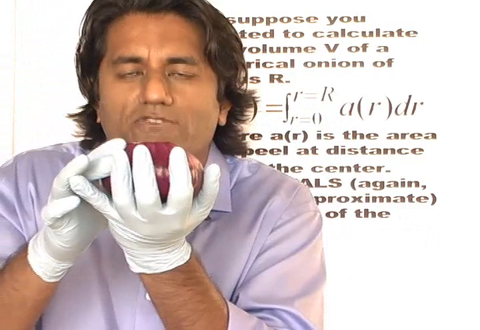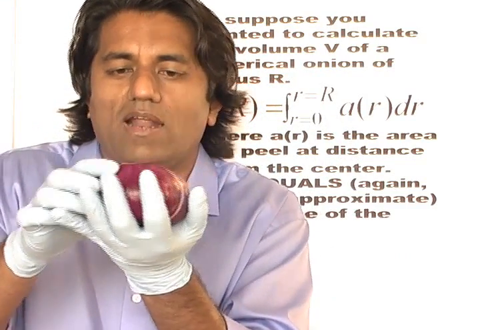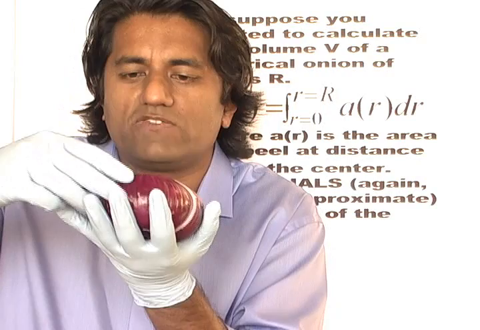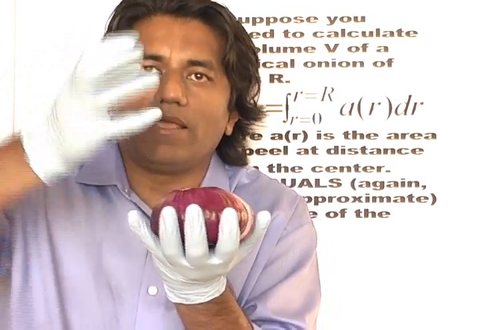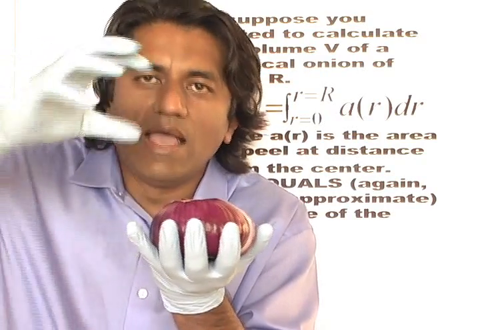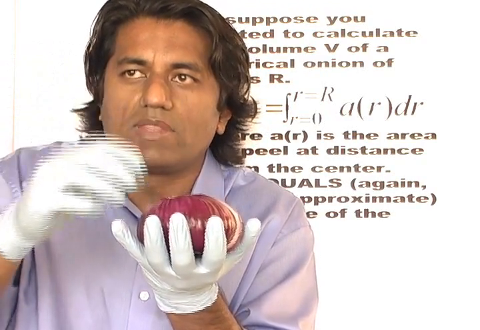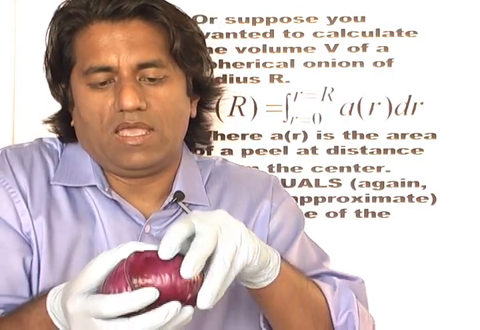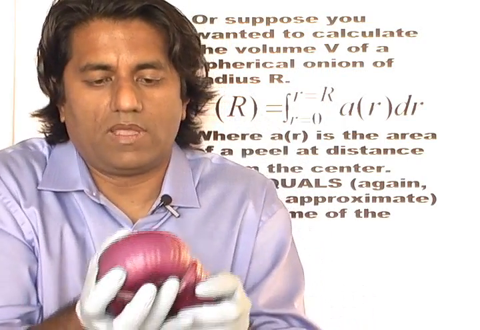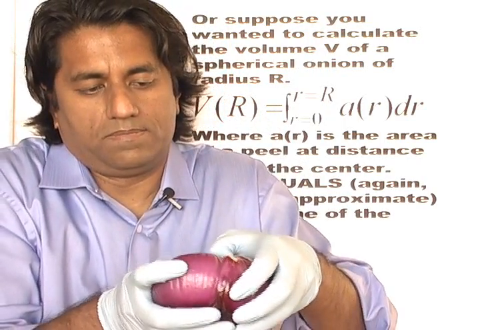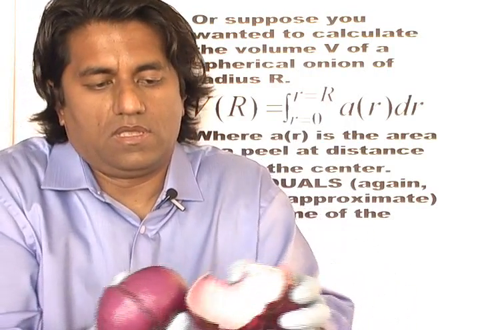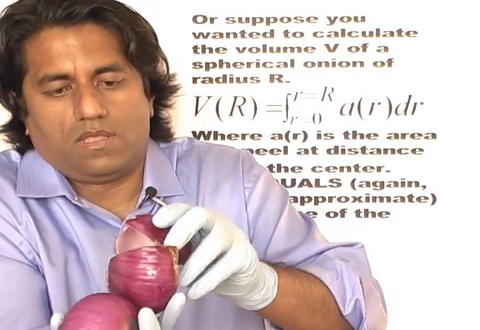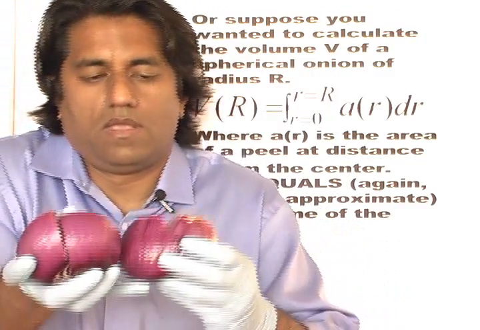So how can we get from the surface area to the volume of the sphere? What you do is you think of the sphere as being composed of thin hollow spheres. So for example, this sphere is made of an outer sphere and an inner sphere.